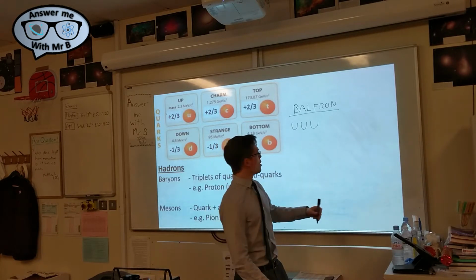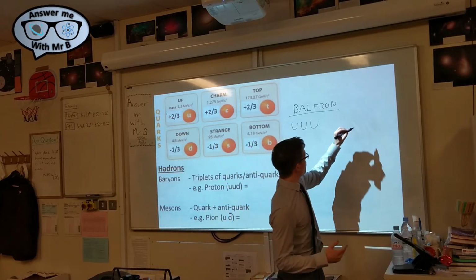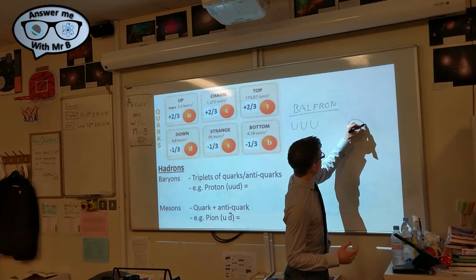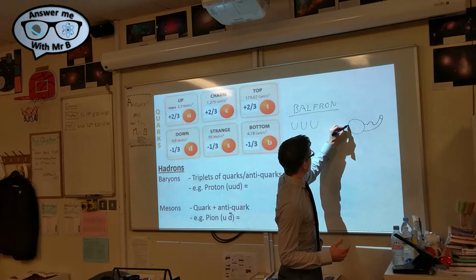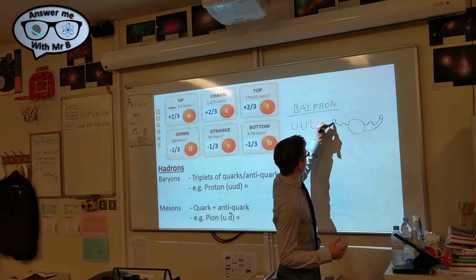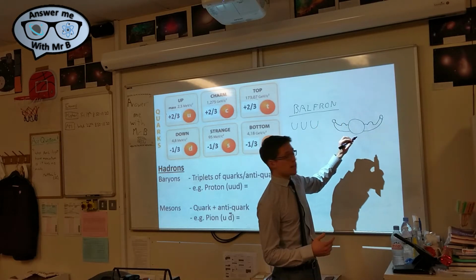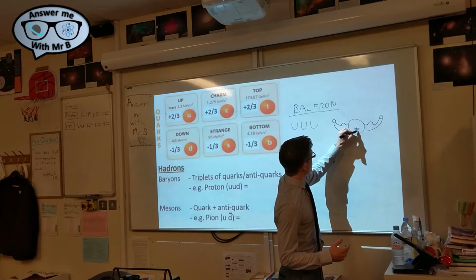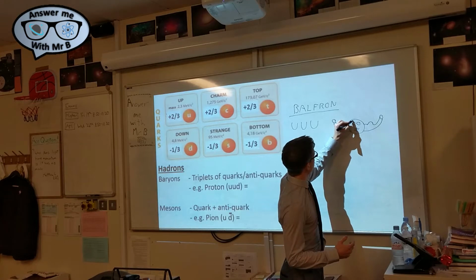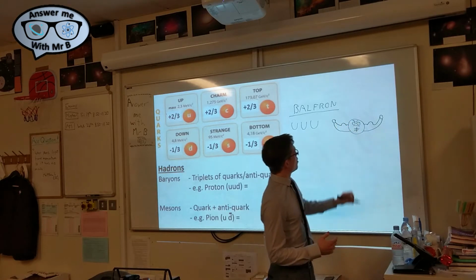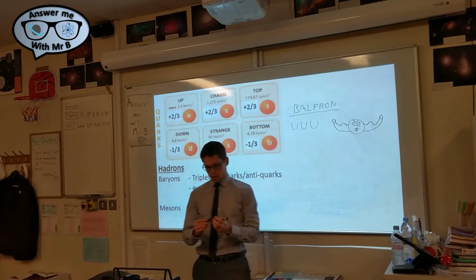Must be a baryon. In my mind, the balfron looks something like this. I'm not an artist, but I'm pretty sure it would have massive biceps and a wee six-pack, kind of menacing angry eyes. So that's what a balfron looks like.